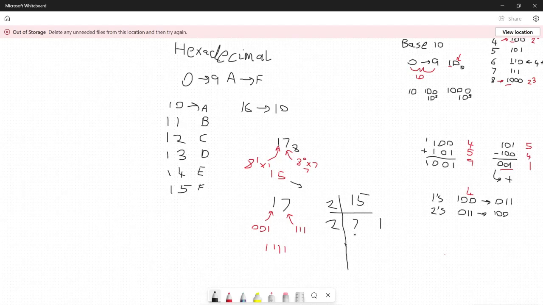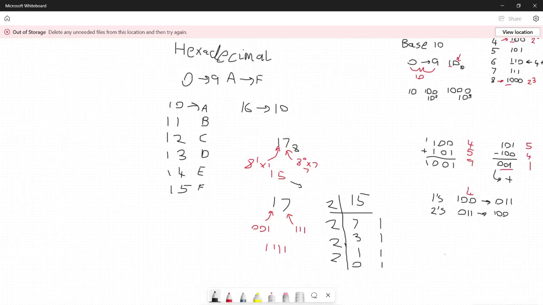You can already see we already have the 7, and we just added the 1 from the first digit already. So you can already see it's going to work out. 7 divided by 2 is going to give us 3, with a remainder of 1, and that 3 divided by 2 is going to give us 1, with a remainder of 1, and that 1 divided by 2 is going to give us 0.